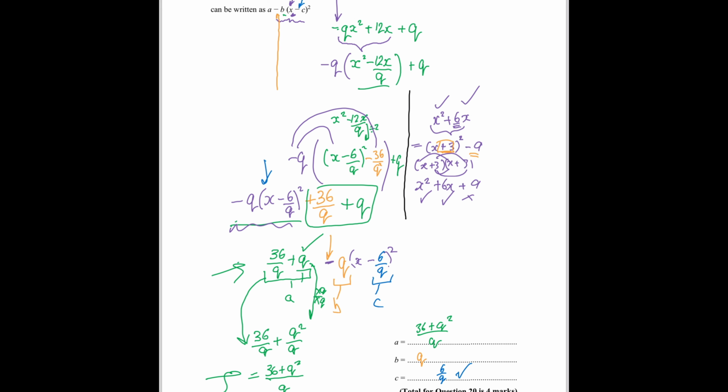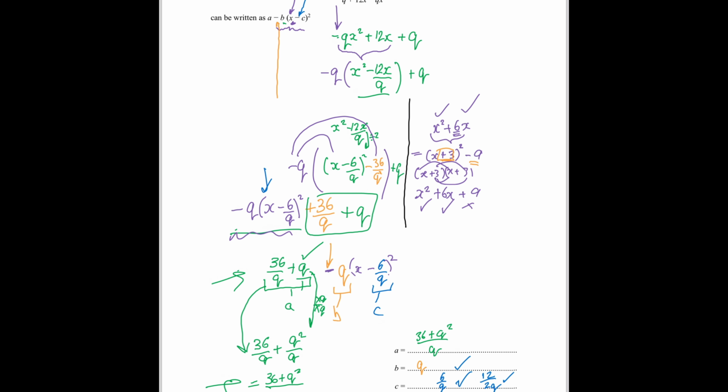In the mark scheme they've written 12 over 2q, but obviously I prefer mine because I've actually cancelled out the fraction. So either of those would get you the mark. B is simply q. Again, they also seem to agree with me, so that's not a problem. The problem is they've written A is 6 over q, which actually goes against their mark scheme.